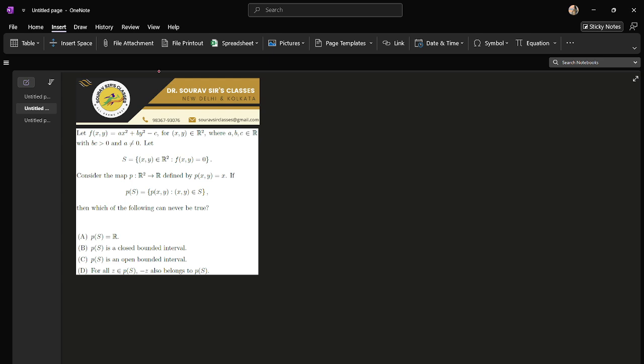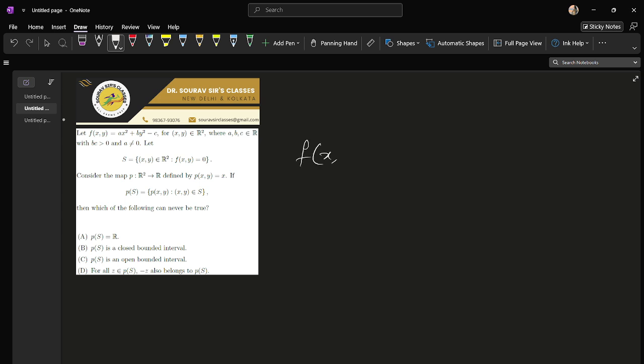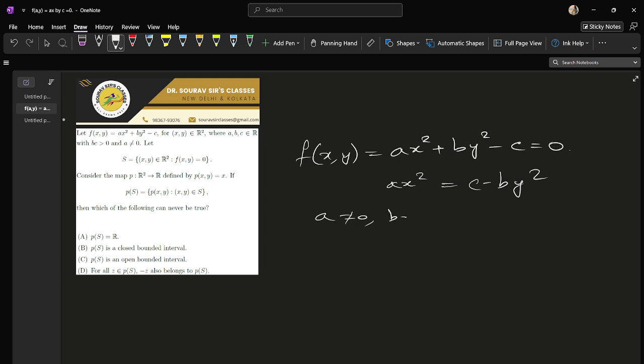Since f(x,y) equals ax² plus by² minus c, which equals 0, we can rearrange the equation to get ax² equals c minus by². Since a is not equal to 0 and bc is greater than 0, we know that a and b have the same sign.